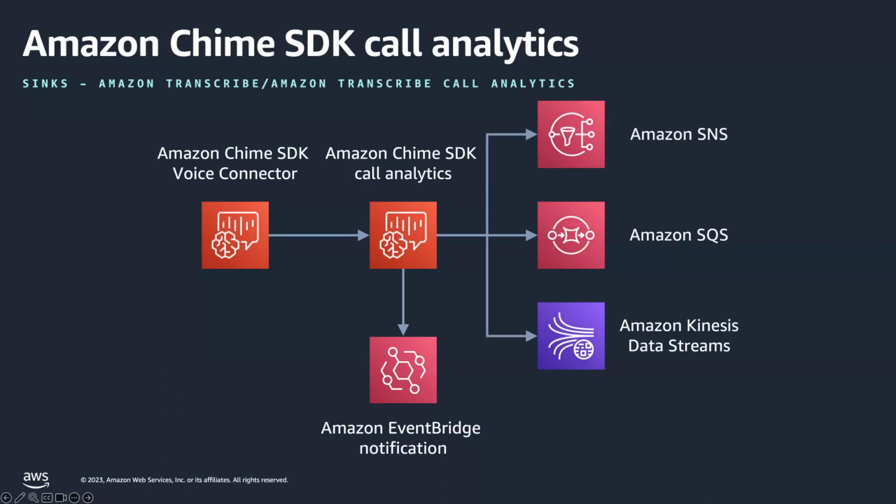When we have things like Transcribe and we need to get you that information so that you can do something with it, we're going to put that on a Kinesis data stream. The notifications and things like that tend to be sent to SNS and SQS rather than the Kinesis data stream. But the Kinesis data stream is where that information is going to be outputted.